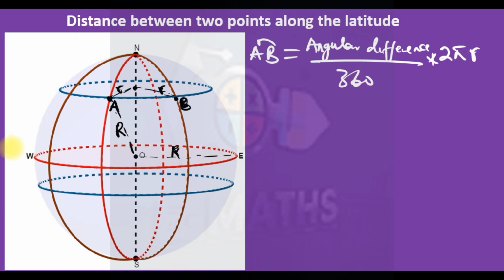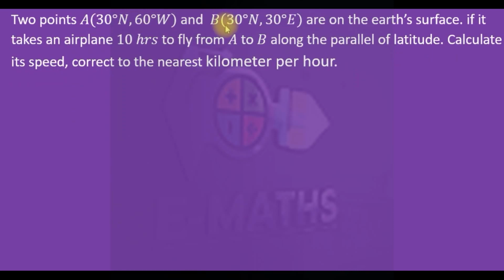So let me use an equation to illustrate this. They say 2 points, this and this, are on the earth's surface. If it takes an airplane 10 hours to fly from A to B along the parallel of latitude, calculate its speed.